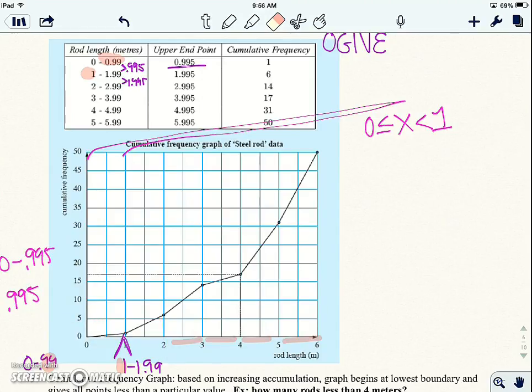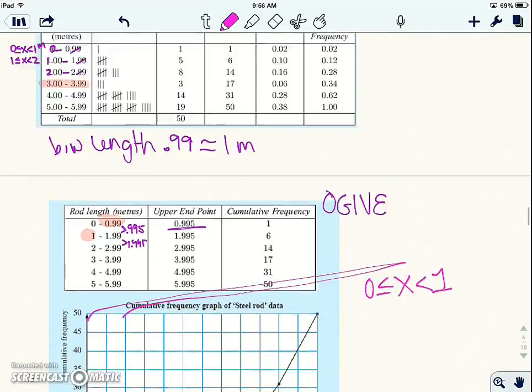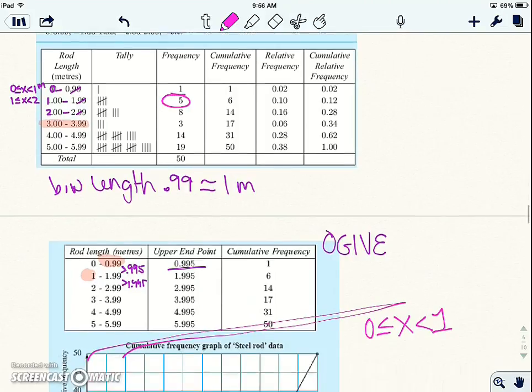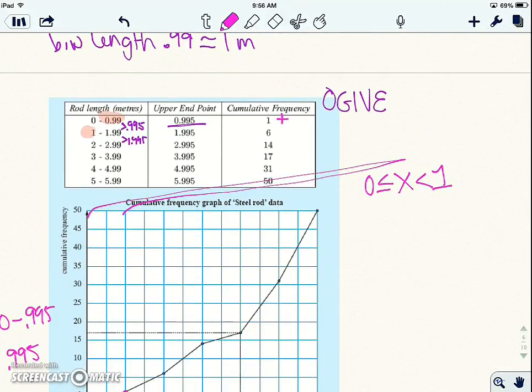Okay, they have just said, well, right here we have 0 rods. From 0 to 0.99 or 0 to 1 we had 1 rod, and then they're adding it up. They're saying, well, from here we had 5, so 1 plus the 5, we now have 6 rods.